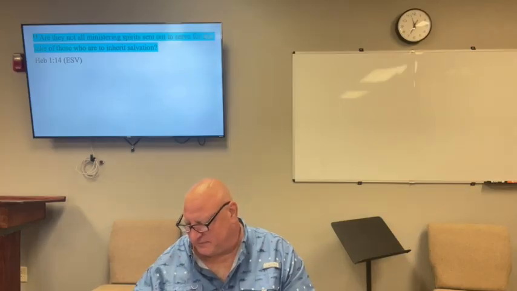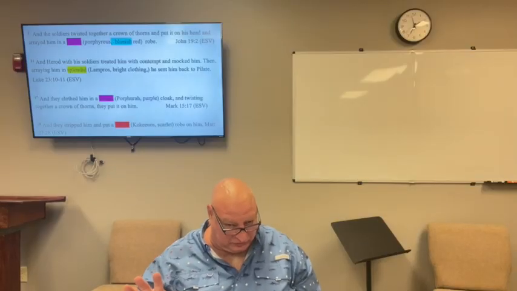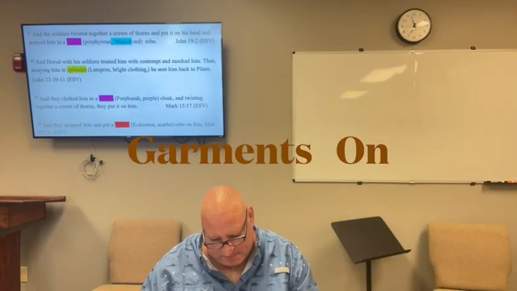Good job. All right. So we've got scarlet, purple, white, and blue. Okay, check this out. I don't know if you guys ever noticed this or not, but when you go to all four Gospels and they're taking Jesus' garments, look at what gets recorded.